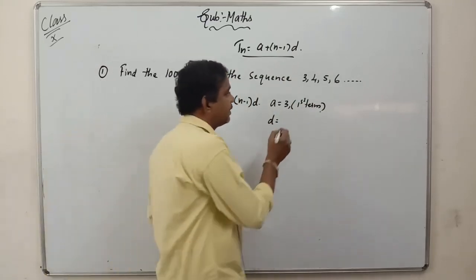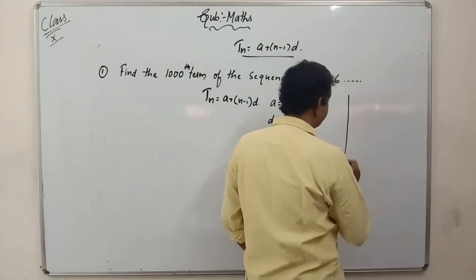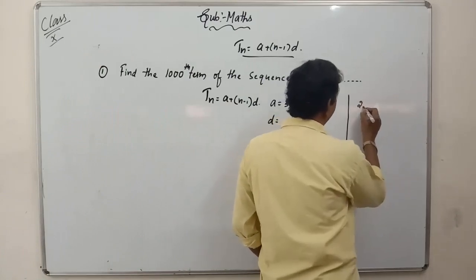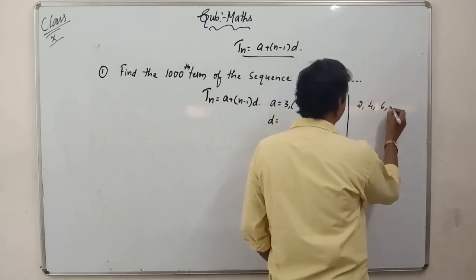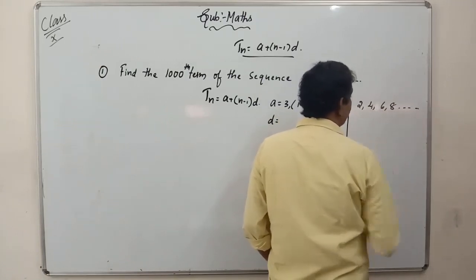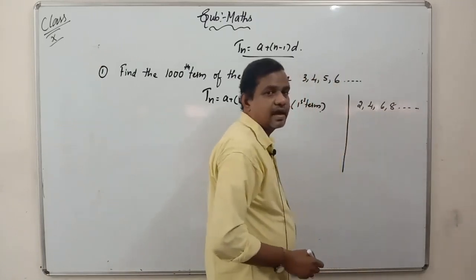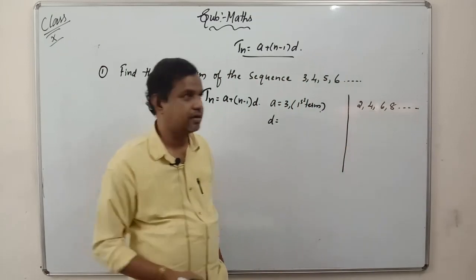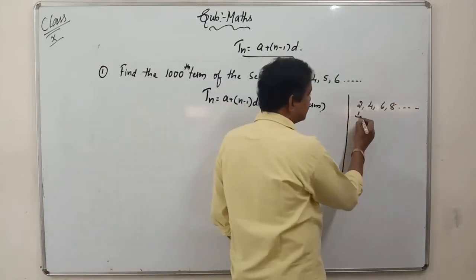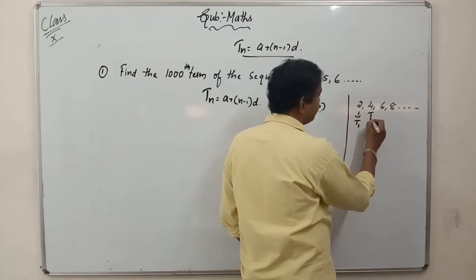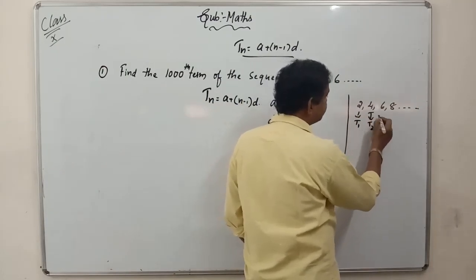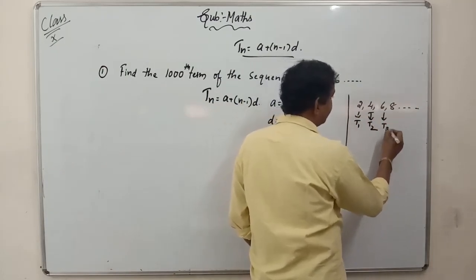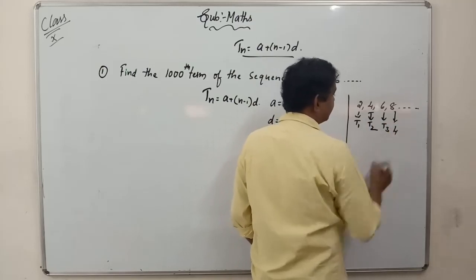For example, if you take 2, 4, 6, 8, you can write it in the form of T1, T2 or A1, A2. Take this as T1, T2, T3, T4.